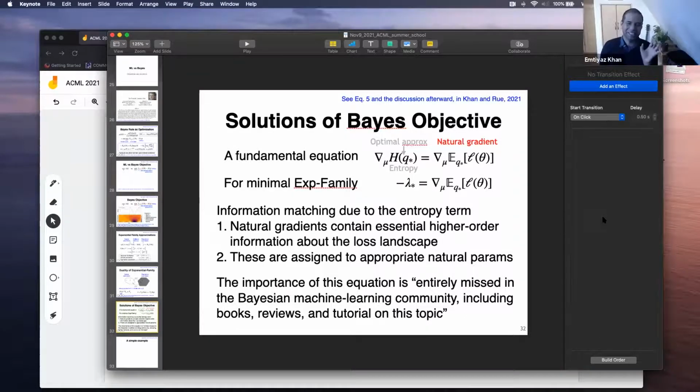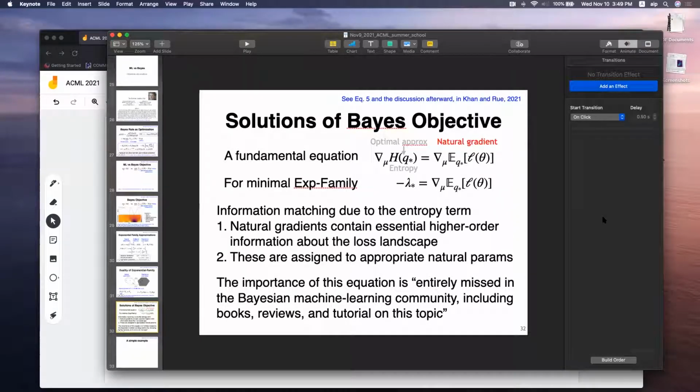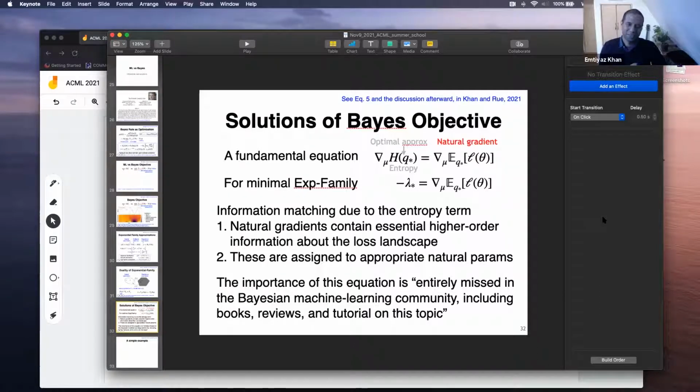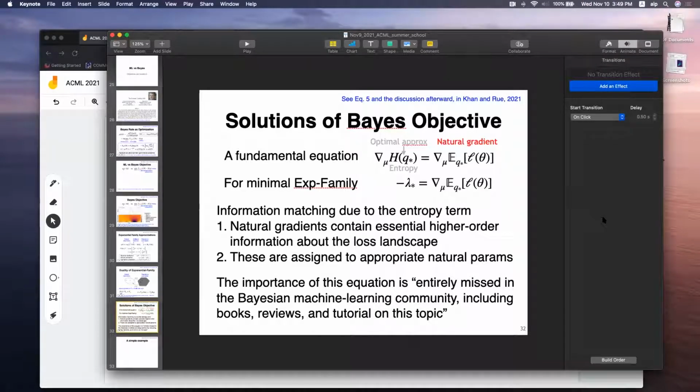So it's not Bayesian inference, but okay. It's a slightly bigger umbrella that I'm drawing here. It's known as generalized posteriors, and that result applies to a much larger family. Many papers have been written over the years about this, but they've been missed somehow in the Bayesian community. Sure. Thanks.